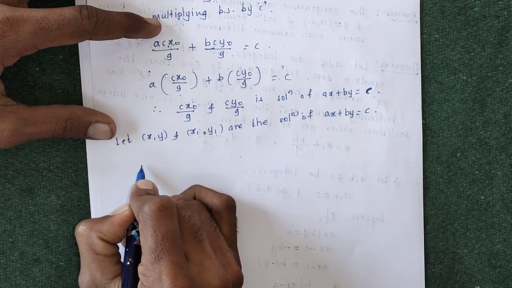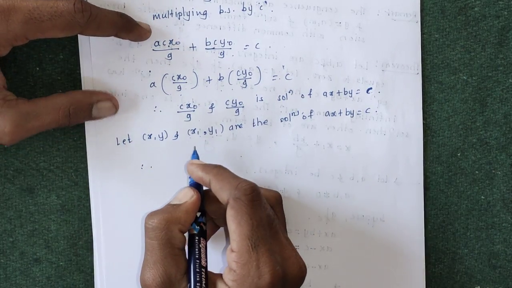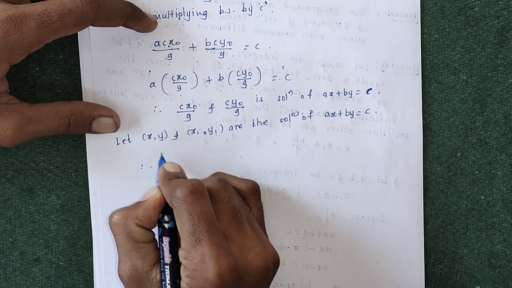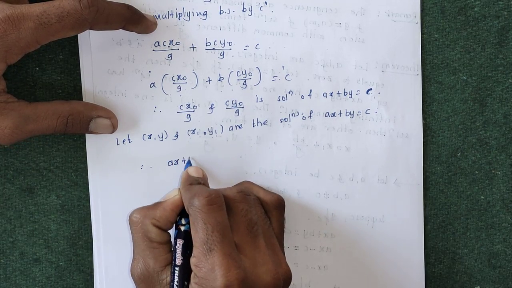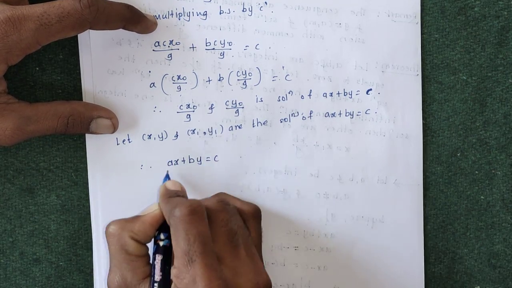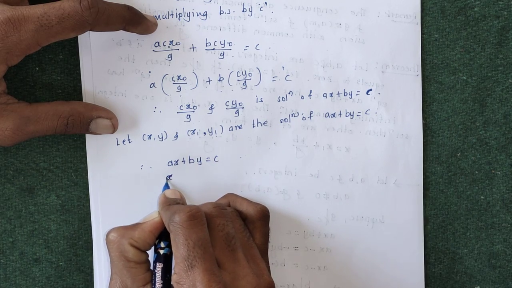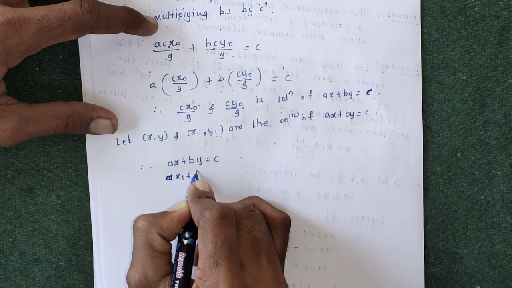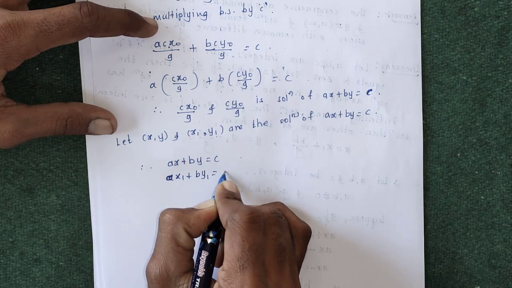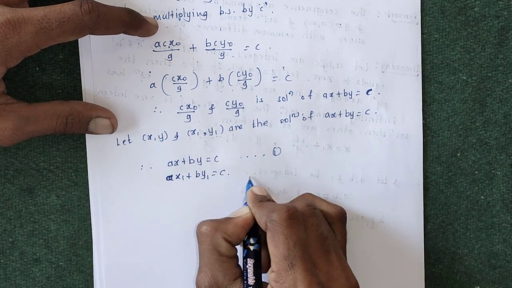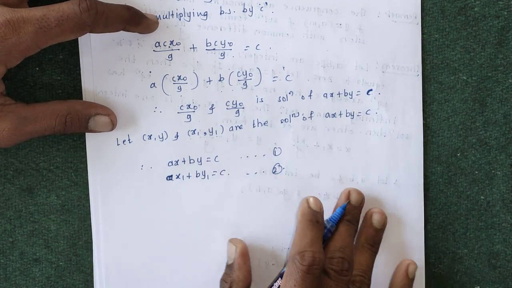Therefore, this pair satisfies the Diophantine equation, that is Ax plus By is equal to C, and again this pair satisfies, that is A x1 plus B y1 is equal to C. Suppose this is equation number 1, this is equation number 2.